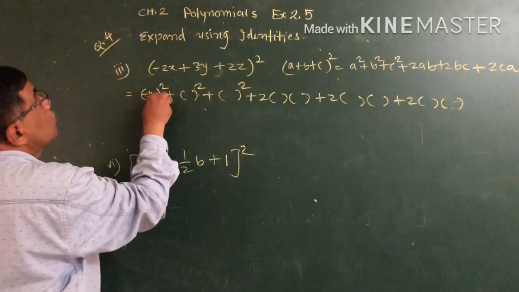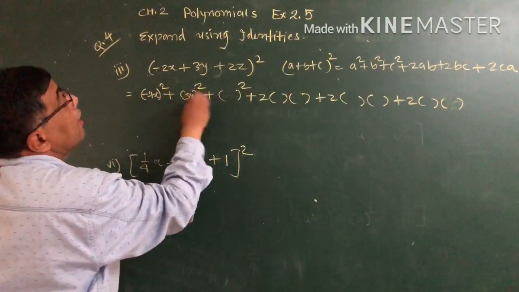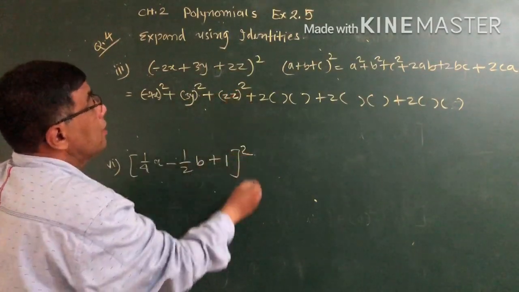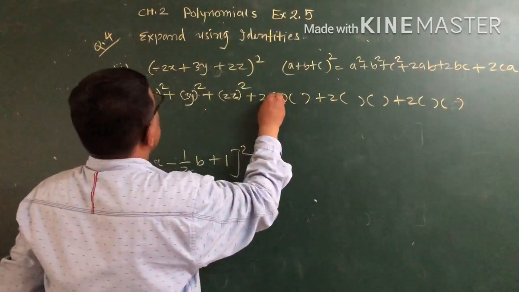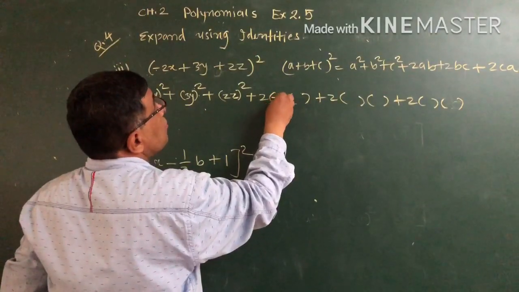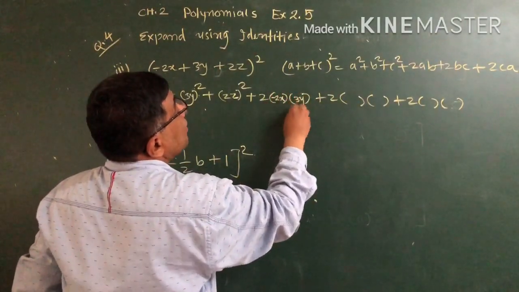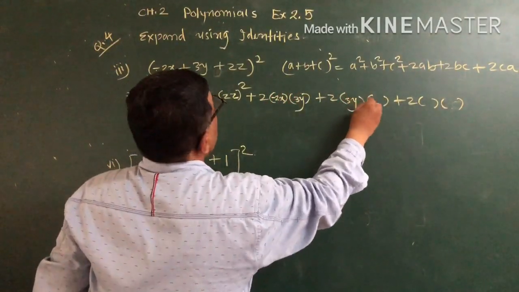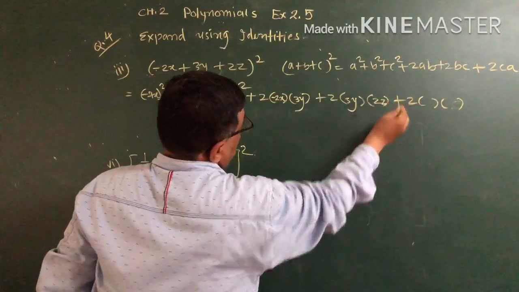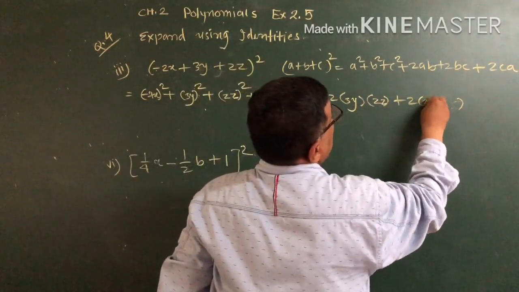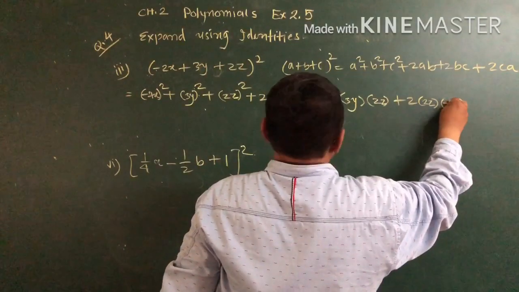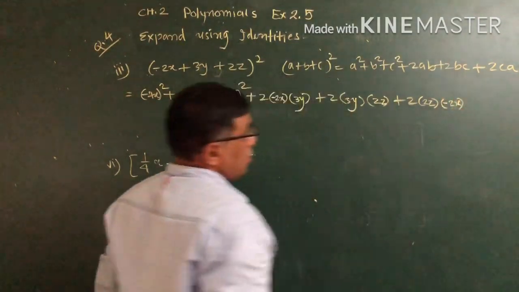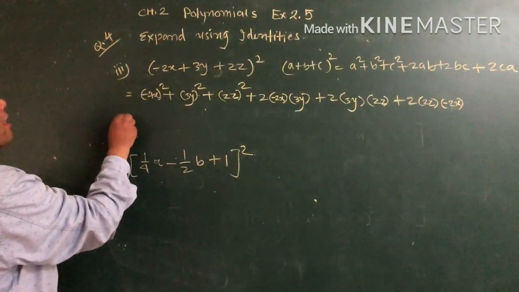A is minus 2x, b is 3y, c is 2z, then ab: so minus 2x and 3y, and 2z, and here 2z and minus 2x. So we simplify and get the answer.